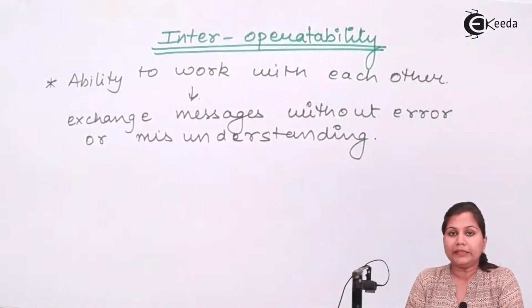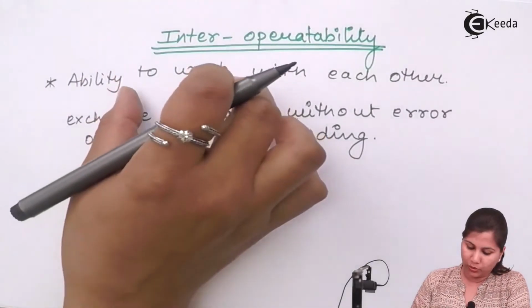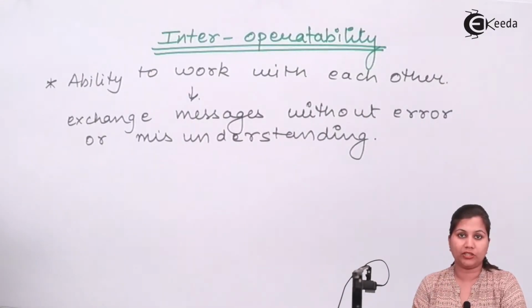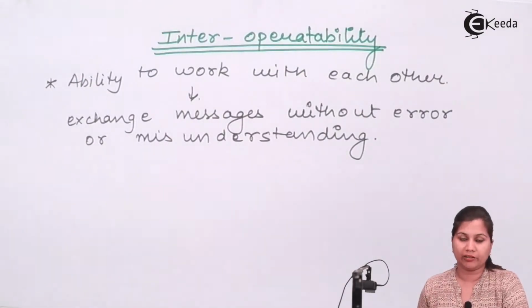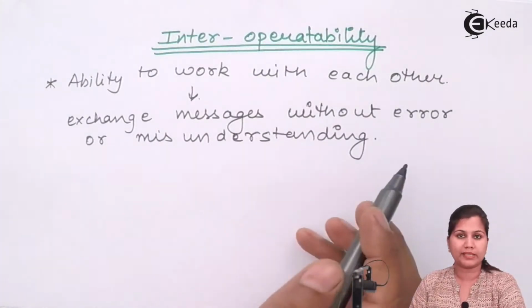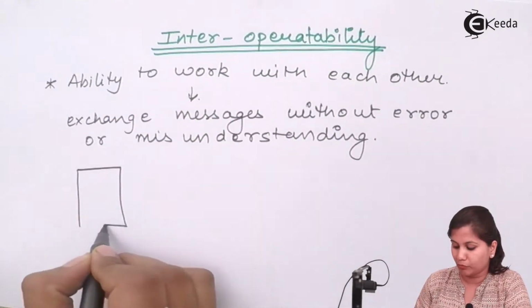So interoperability is defined as the ability of the systems to work with each other. The systems are sharing their resources with each other without any error. So exchange of messages is done without error or misunderstanding. Suppose let's take an example of the embedded system mobiles.